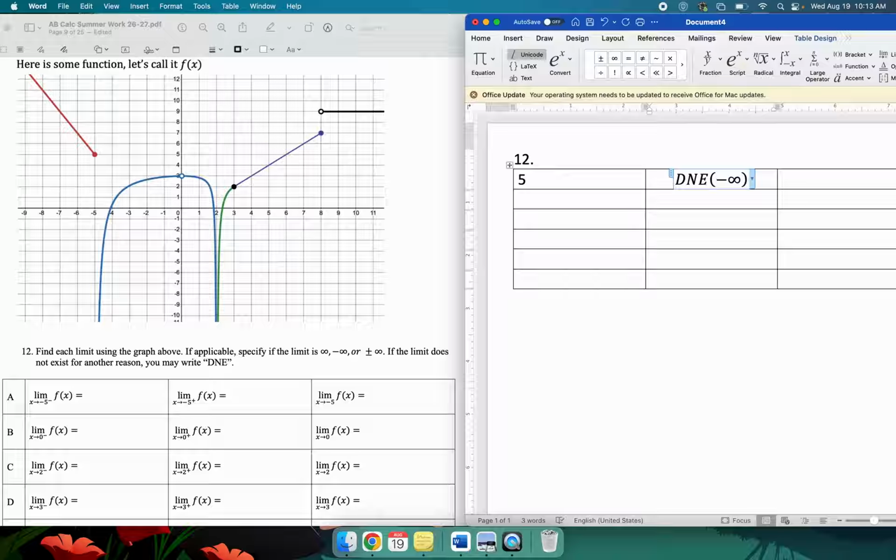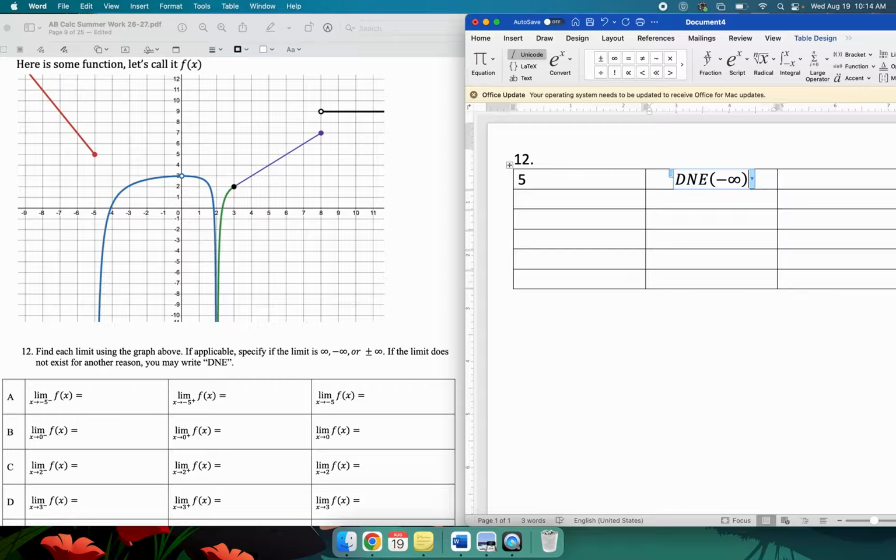Just a quick note on why we say DNE, -infinity, and not just -infinity. Limits only exist when the y values are approaching a number, like a particular number, like 7 or 17. -infinity is not a number, okay? So if the values are approaching some kind of infinity, that limit does not exist.